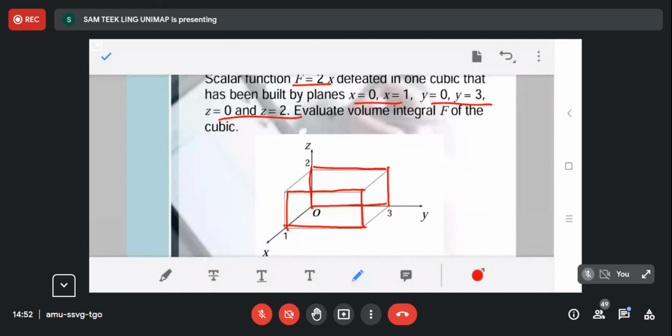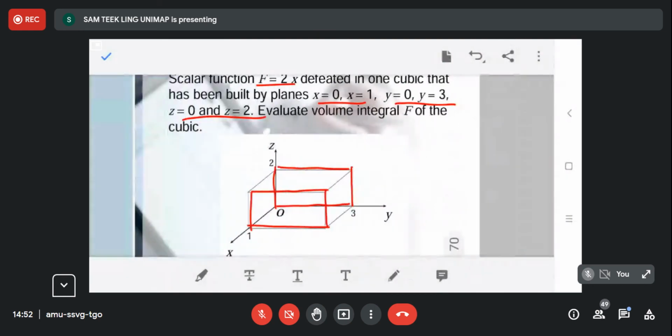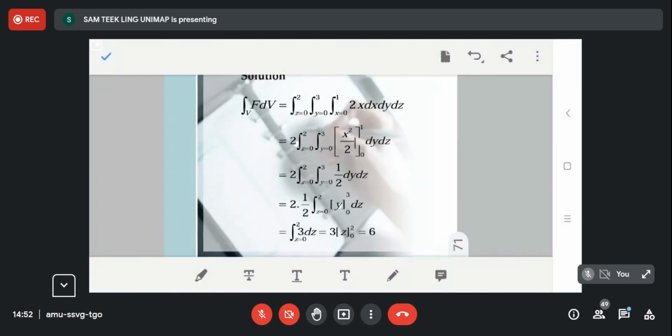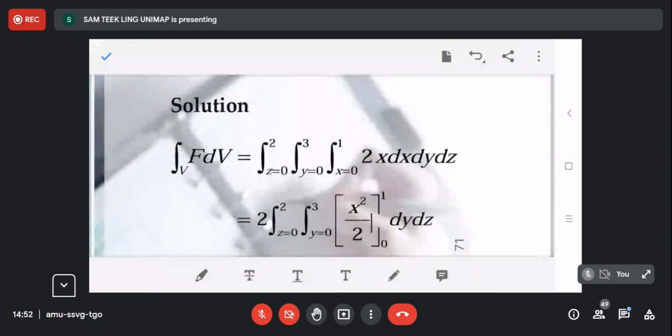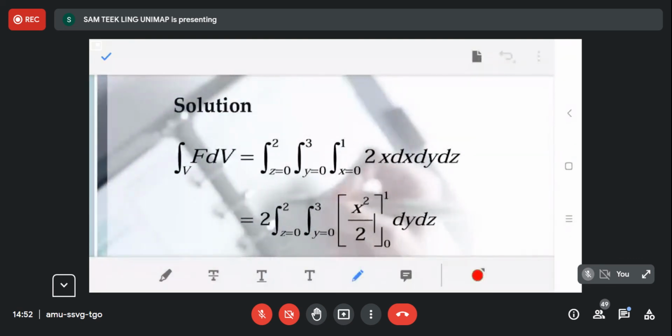The question gives you 2x, then dx, dy, dz.